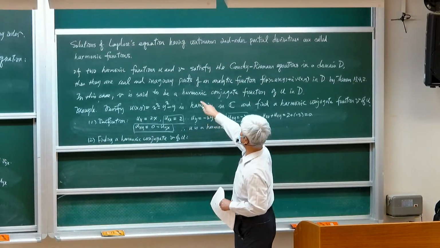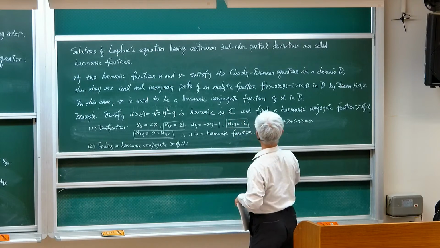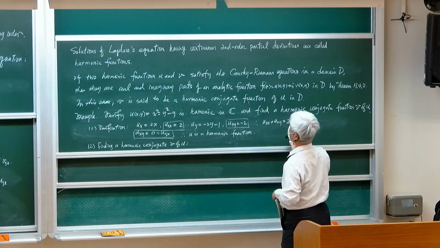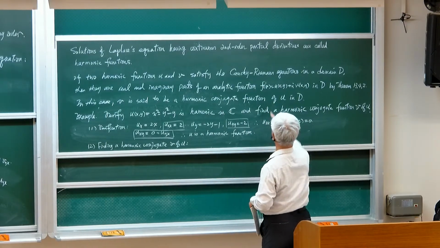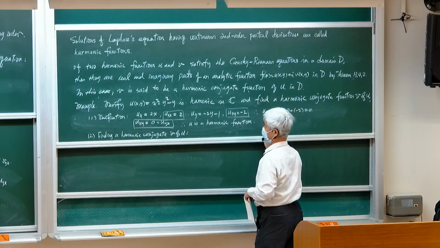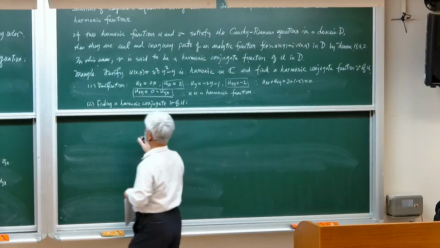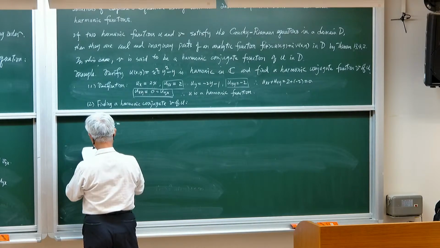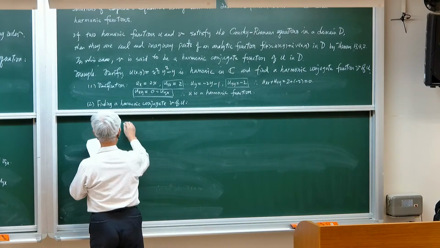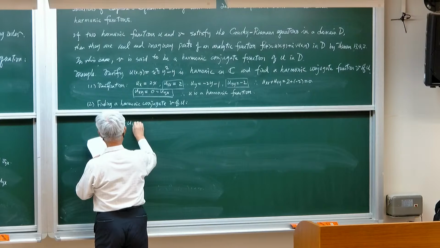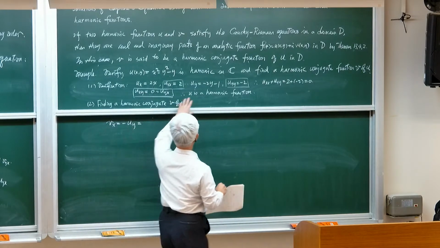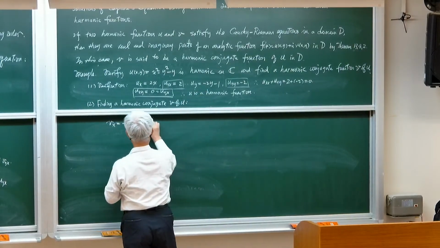So v_x should be equal to minus u_y, and minus u_y is 2y plus 1.